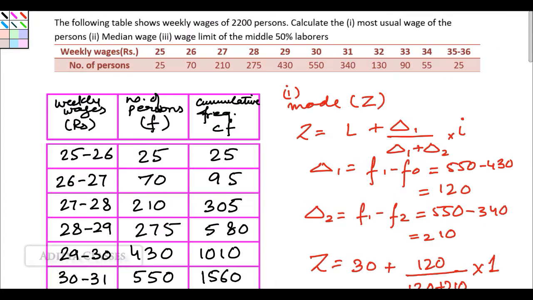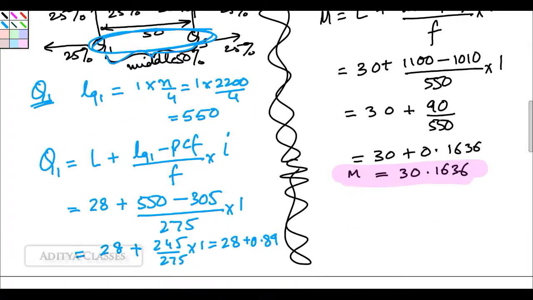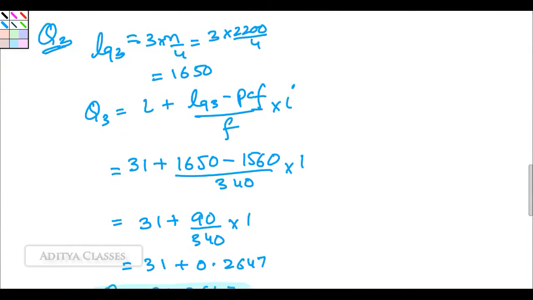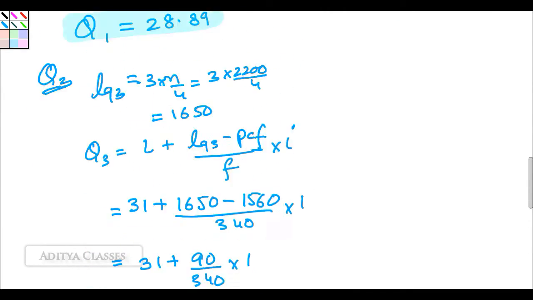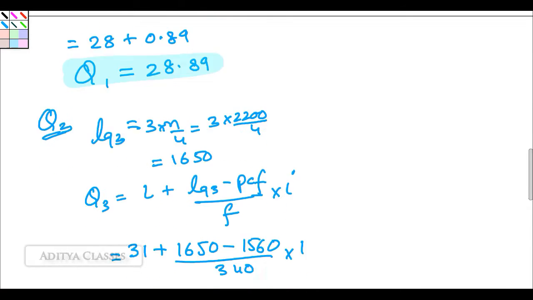Now they had asked wage limit of middle 50% laborers. So wage limit will be from Q1 to Q3. So our answer actually would be Q1 to Q3. Q1 is 28.89.